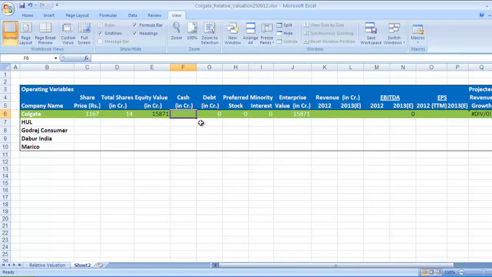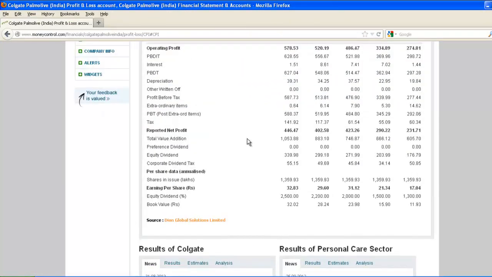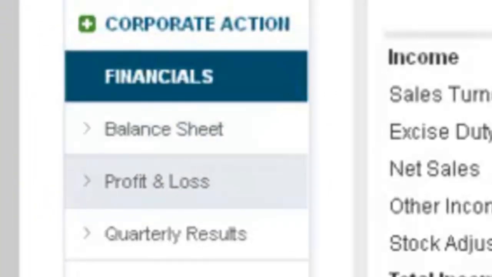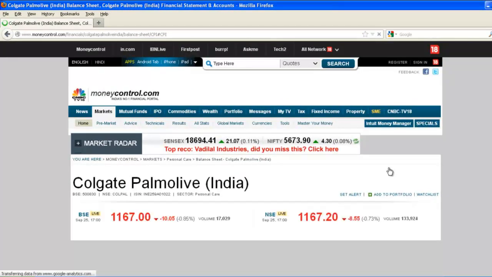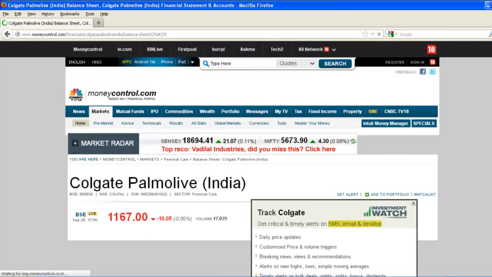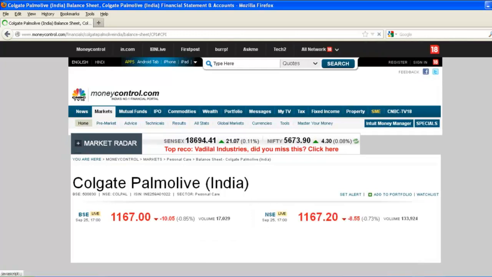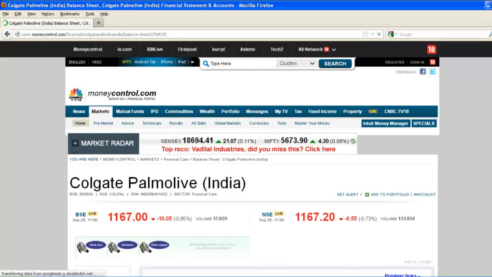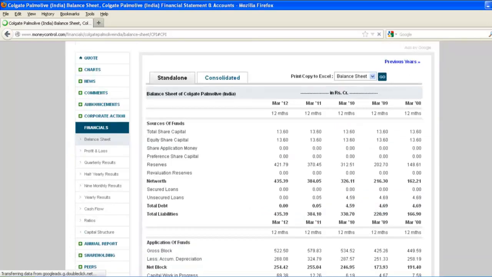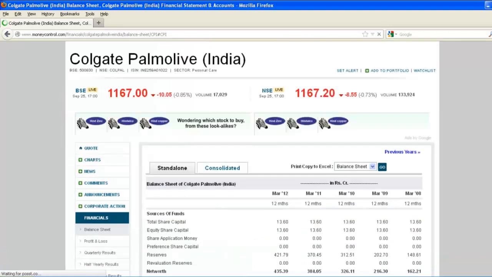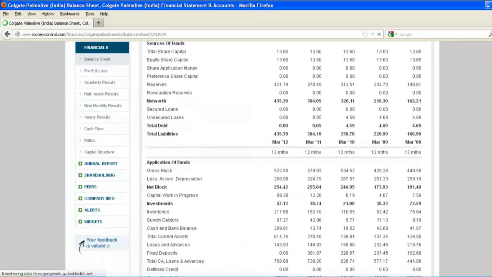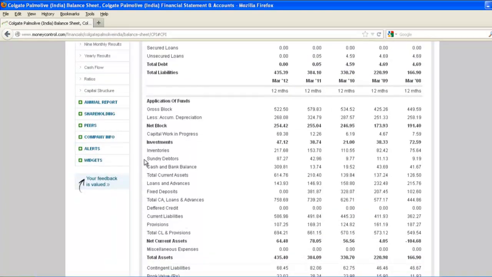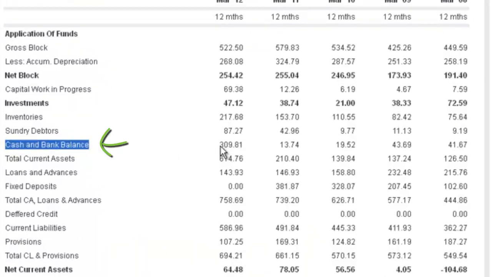Now we need to check cash. Cash we can get in the balance sheet. Cash and bank balances 309.81.